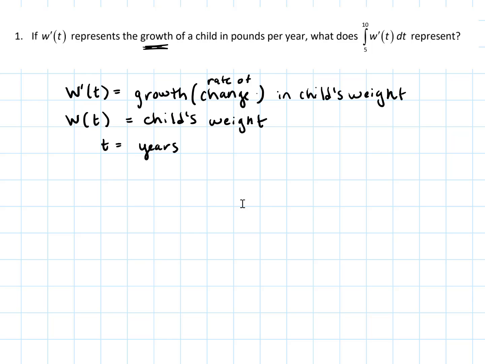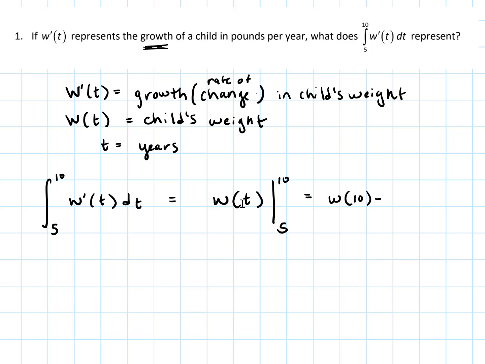So the derivative is a rate of change, and the integral from 5 to 10 of w prime of t dt by the fundamental theorem is just w of t evaluated from 5 to 10. We don't even need a function. We can just write it generically: w evaluated at 10 minus w evaluated at 5. So what does that represent?